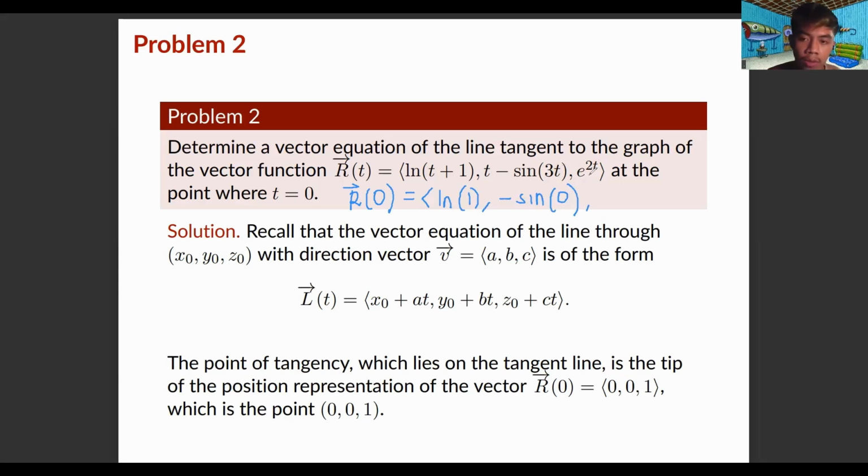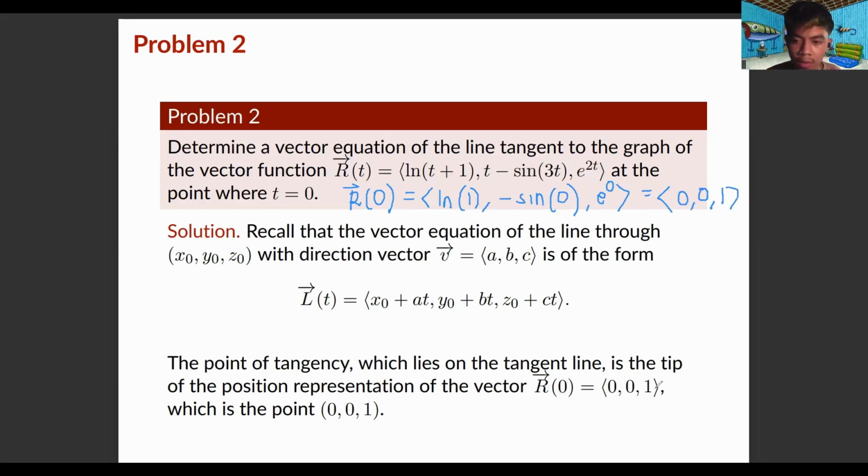Then for the last one, we have e raised to 2 times 0, which is equal to e raised to 0. And therefore, we should get ln of 1 is equal to 0, a negative sine of 0, which is 0. Okay, and then e raised to 0, which is equal to 1. So, yeah, so we have r of 0, which is 0, 0, 1.